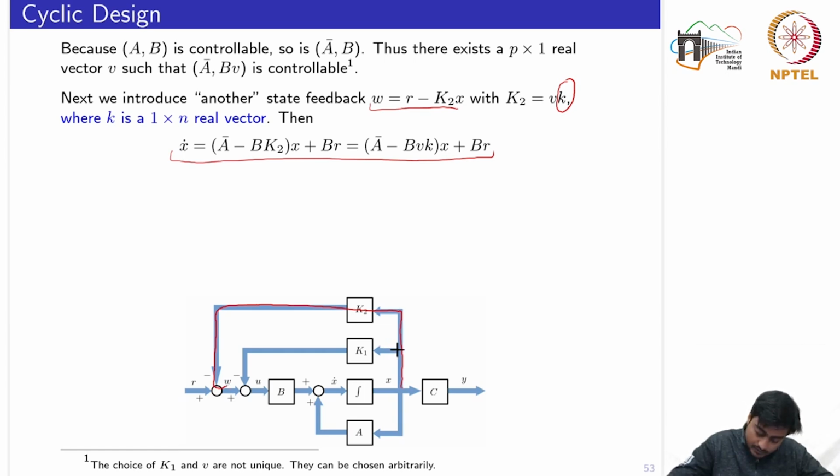So step 1 is to carry out this part, and this step 1 is carried out if the matrix A is not cyclic. If the matrix A is cyclic, we can directly carry out step 2.